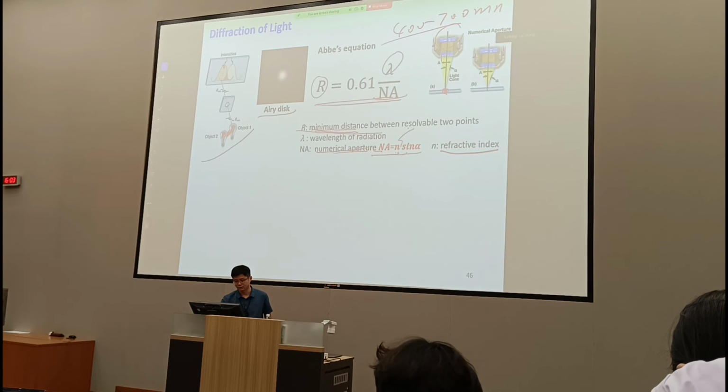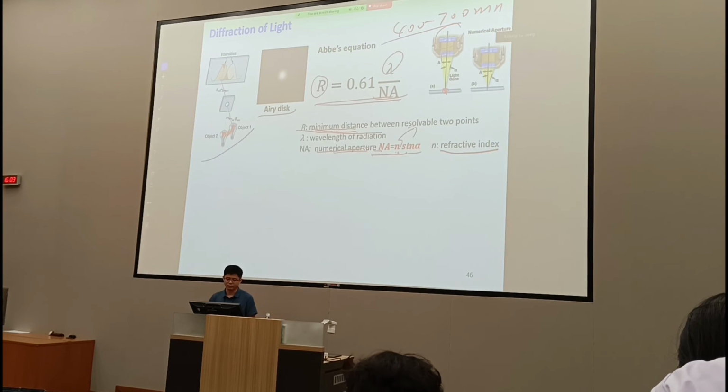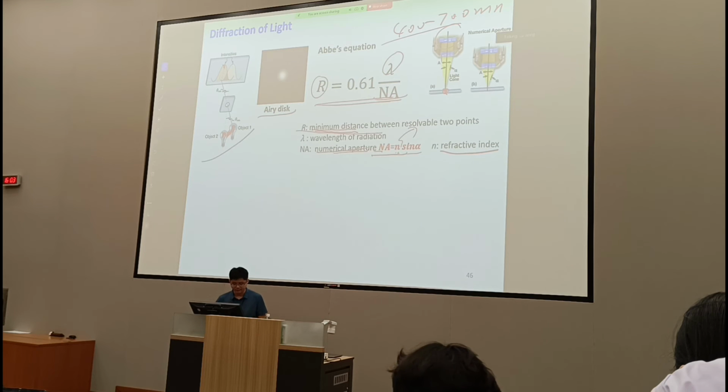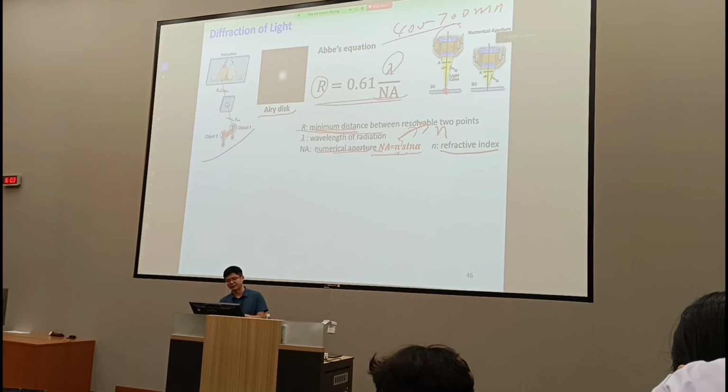Then this n is the refractive index of air. If you immerse your lens in oil instead of exposing it to air, you are going to increase n, since the refractive index of oil is bigger than that of air.